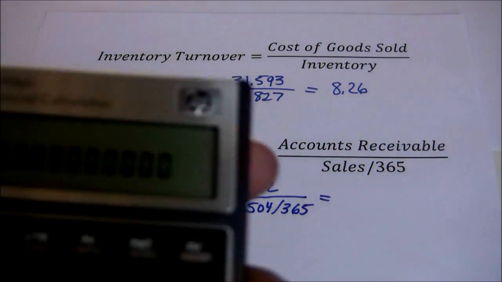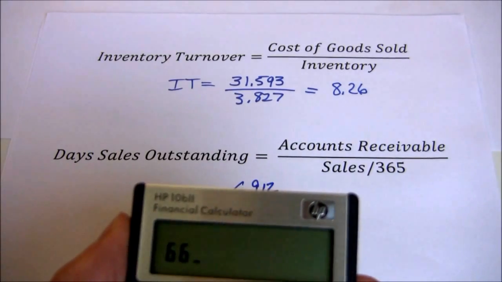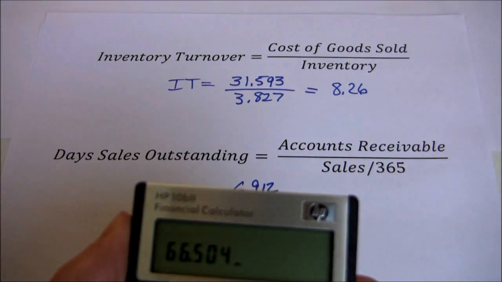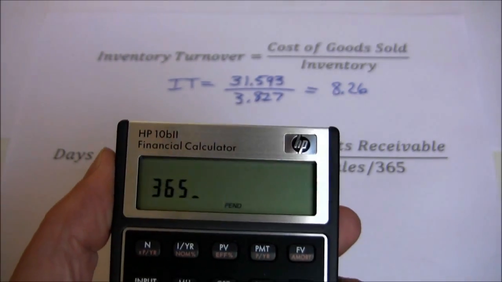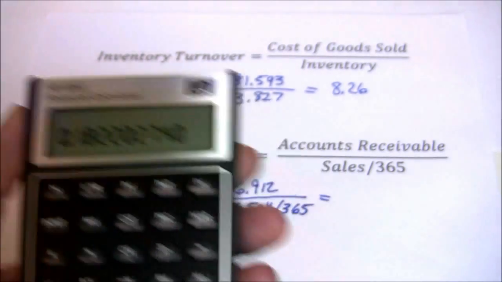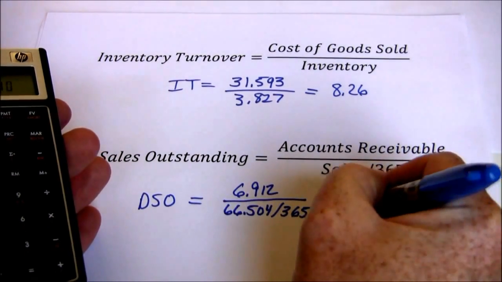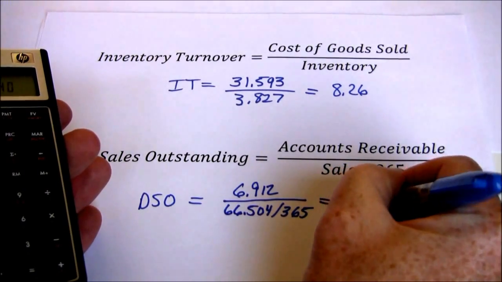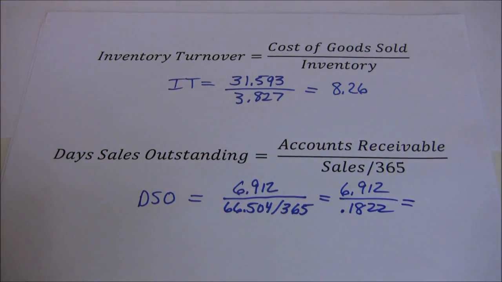First thing we need to do here is calculate what our denominator is going to be. 66.504 divided by 365 gives us a value of 0.1822. So 6.912 divided by 0.1822. Then we can go ahead and do that last step.